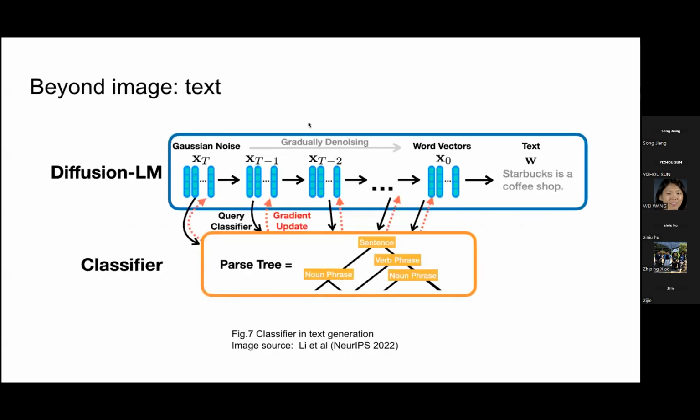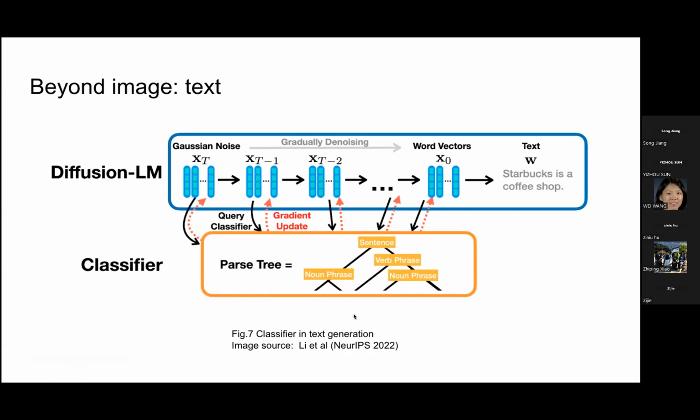Okay, and this is all about images, but it's interesting that the classifier basically just gives us some guidance, that is P of Y given X. So for other applications like text, this classifier could include more information.